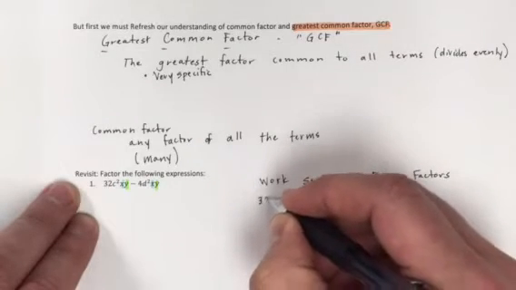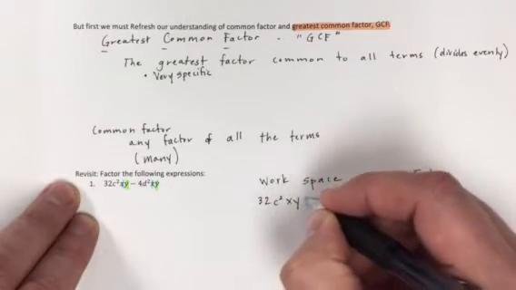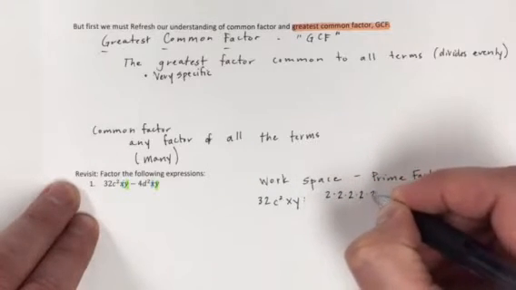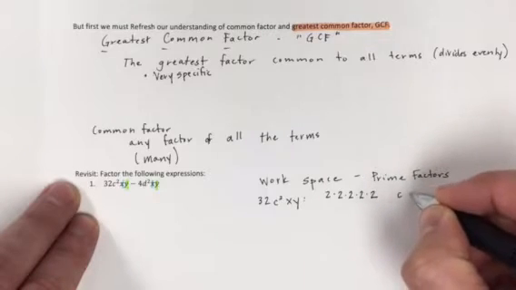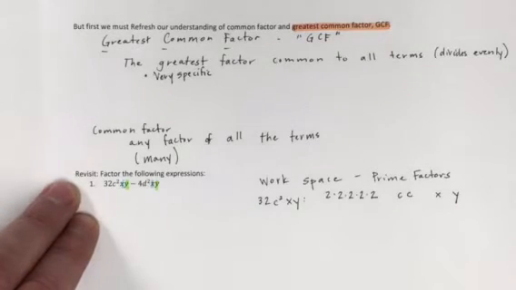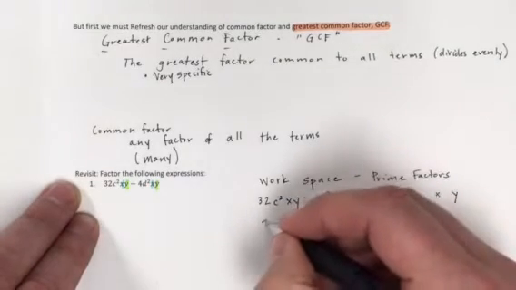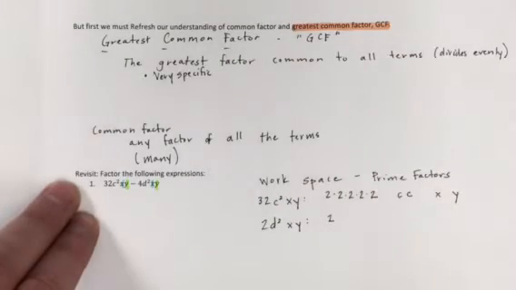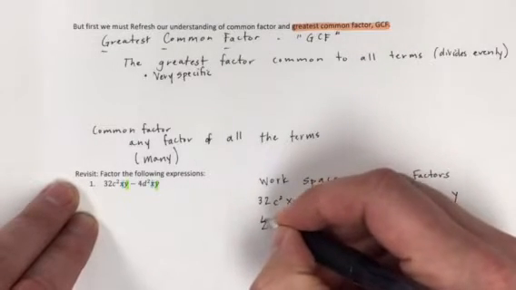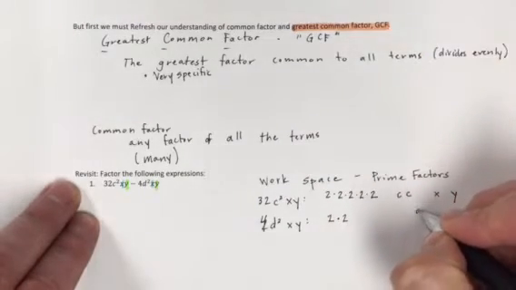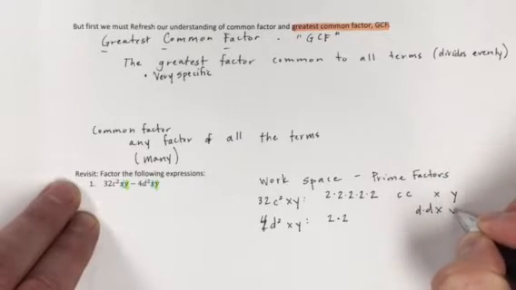So if I look at the 32c squared xy, its prime factors would be 2 times 2 times 2 times 2 times 2, c times c, x, and y. If I break the 4d squared xy down, 4d squared would be 2 times 2, d times d, x, and y.